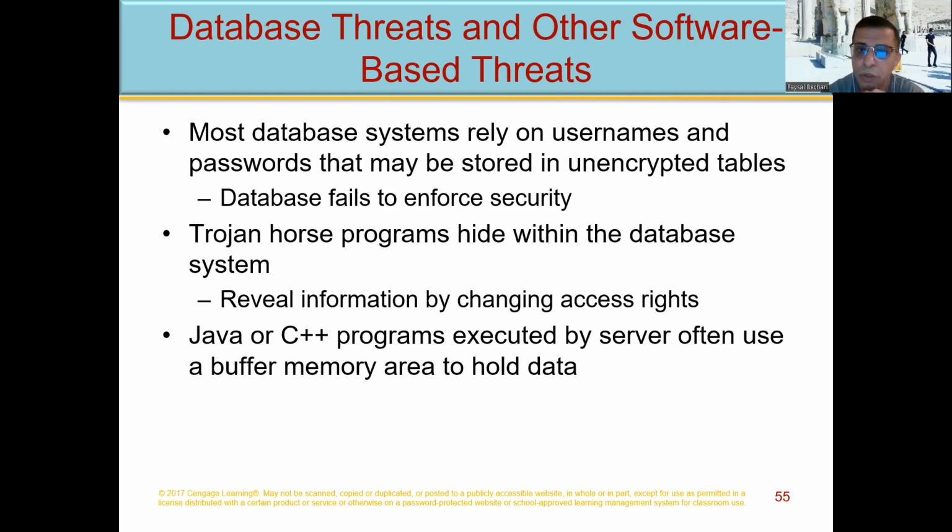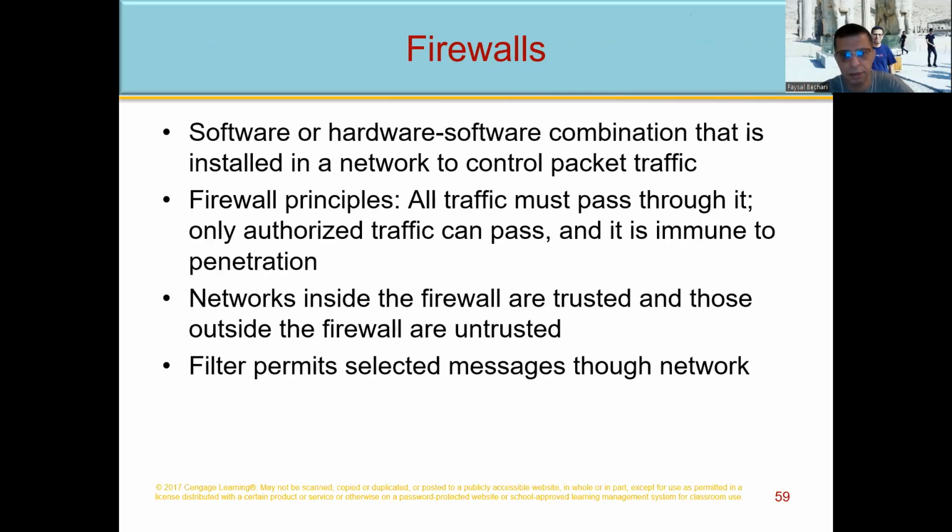There is something called a Trojan horse program, hidden within the database system to change some data and reveal it later on. It reveals information by changing access rights. They go in, they change access rights. Java or C++ programs executed by the server often use a buffer memory area to hold the data there, so it does not give you direct access to the main data.